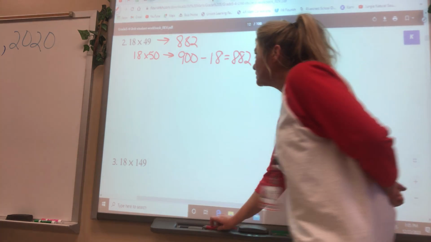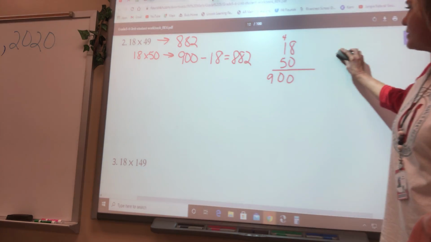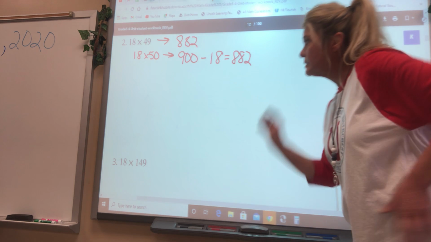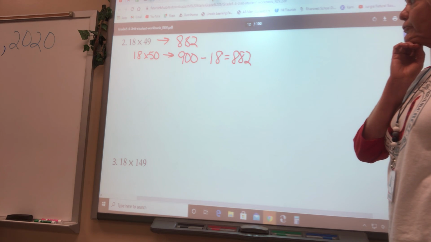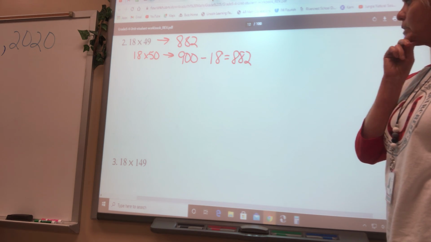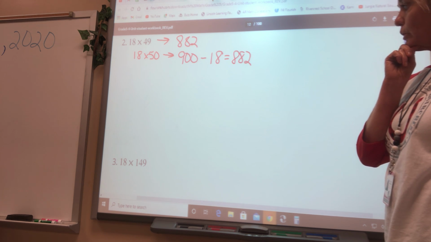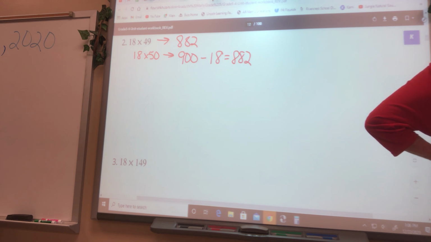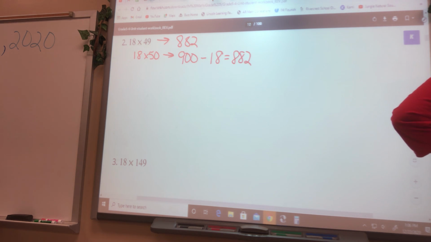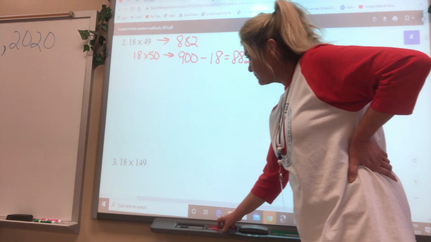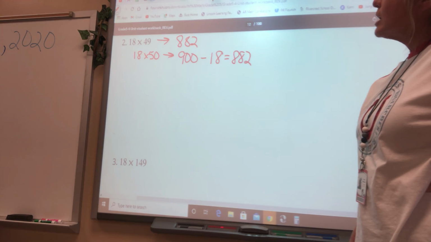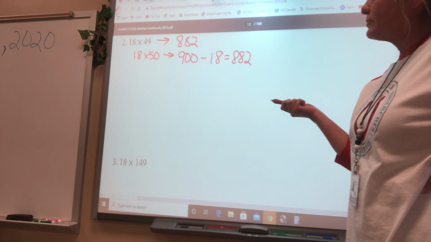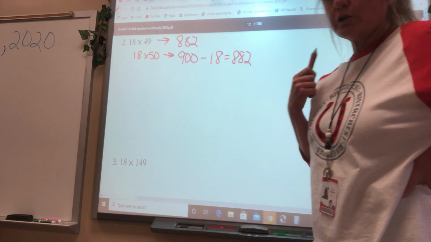Okay, so now from the last unit that we did, we determined that if you're adding another place value, we can add on to that. So let's think about that for a minute. I already know that 18 times 50 is 900.